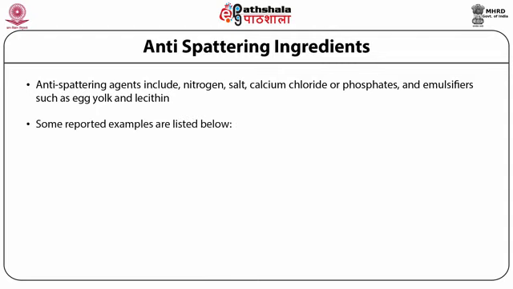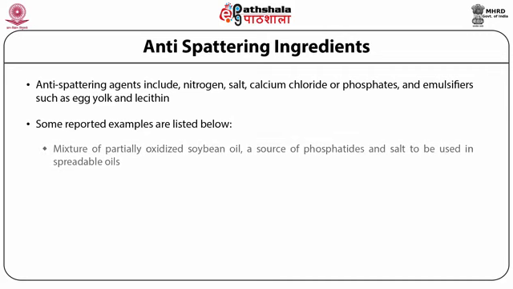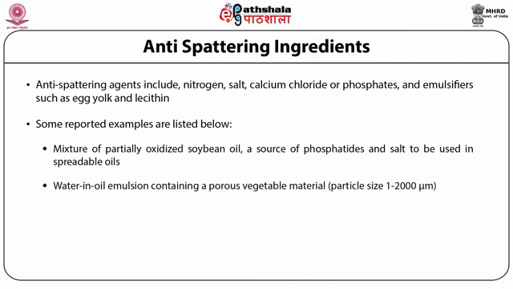Now some reported examples are listed, like a mixture of partially oxidized soybean oil, which is a source of phosphatides, and salt to be used in spreadable oils. Now, a water-in-oil emulsion containing a porous vegetable material where particle size is 1 to 2000 micrometer.